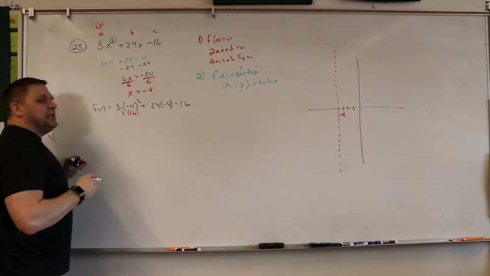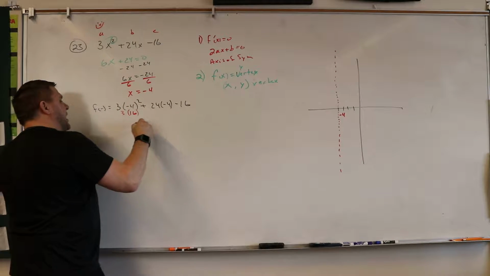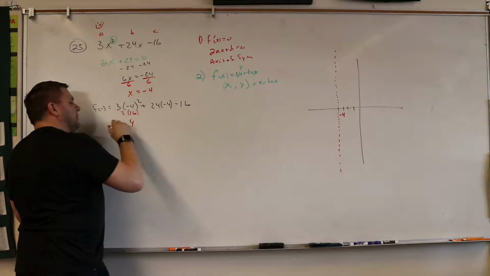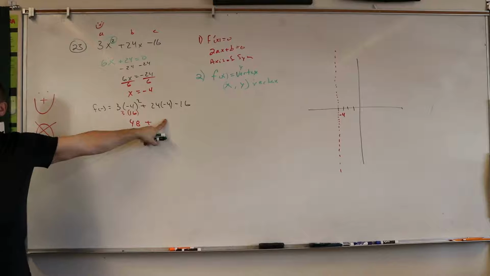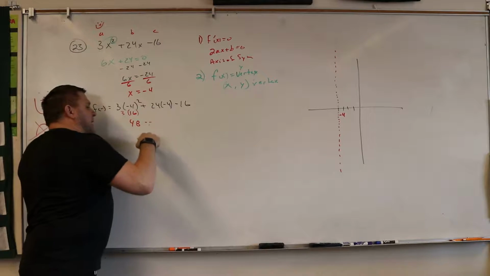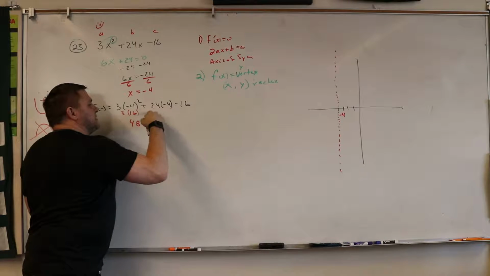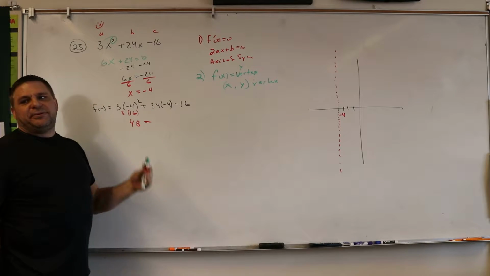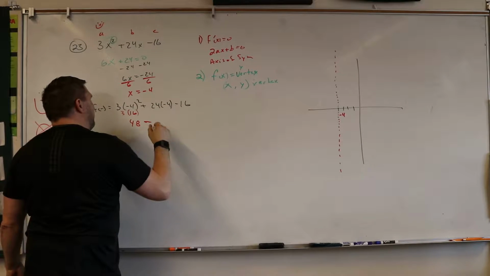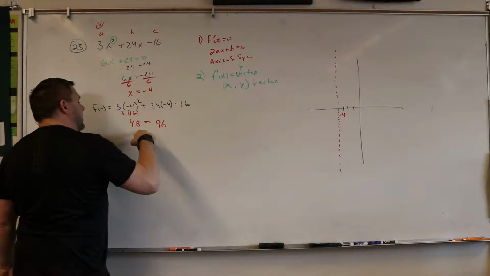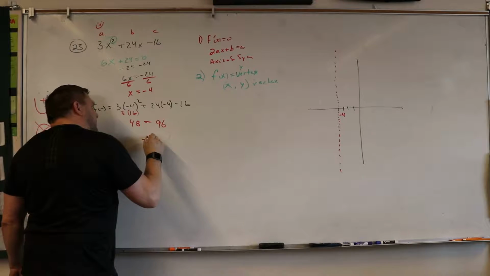Times 3, that's 48. Now this better be half or double. Negative times a positive is a negative, and it looks double, because 4 times 24 is 96. So that's going to give me minus 48.